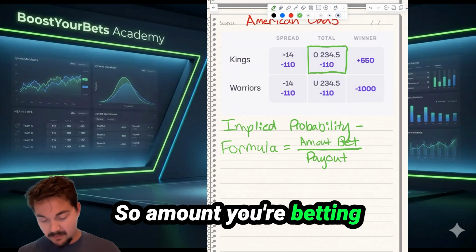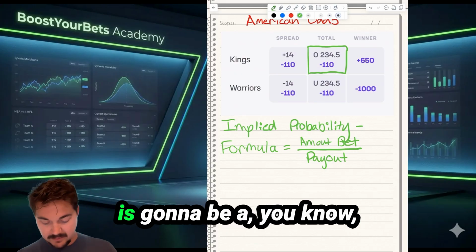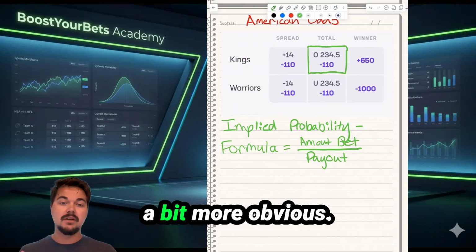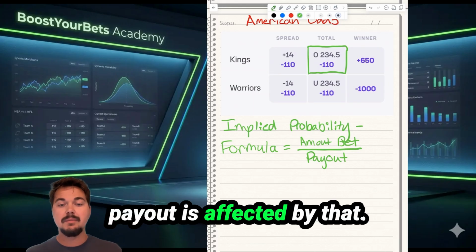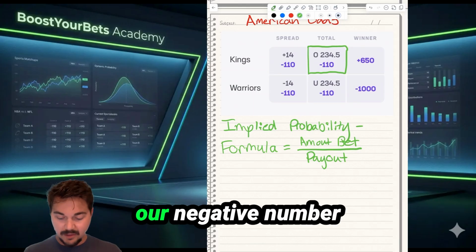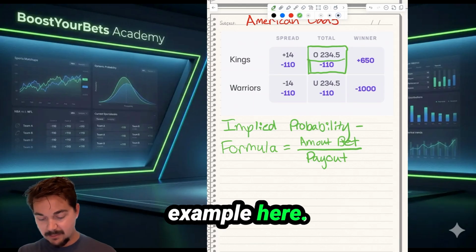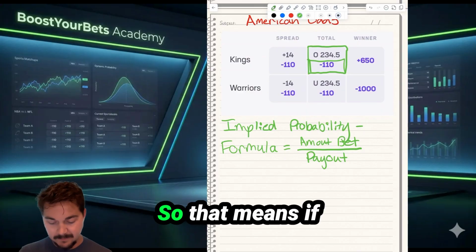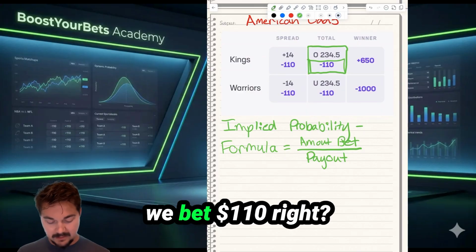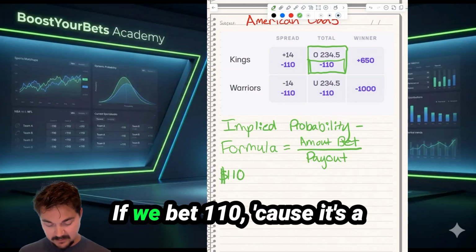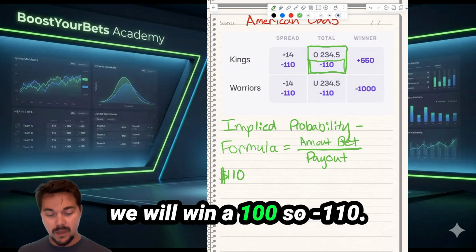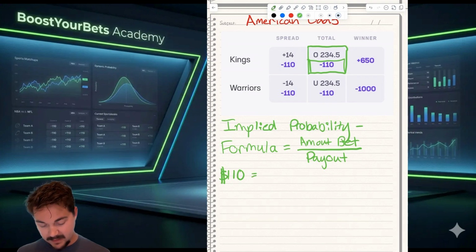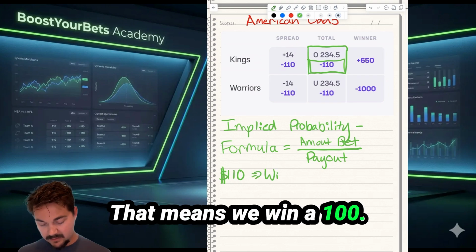The amount you're betting is going to be a bit more obvious. You can choose whatever you're betting, but the payout is affected by that. So let's go back to our negative number example, negative 110. That means if we bet $110, because that's a negative number, we will win 100. So negative 110 means we win 100.